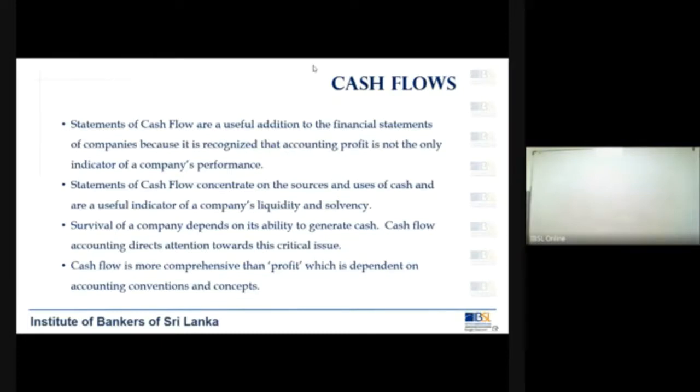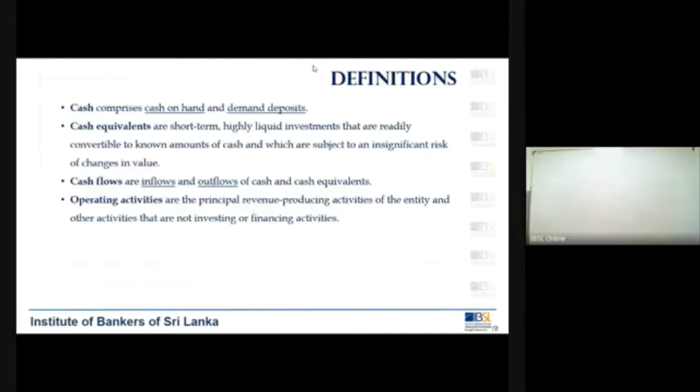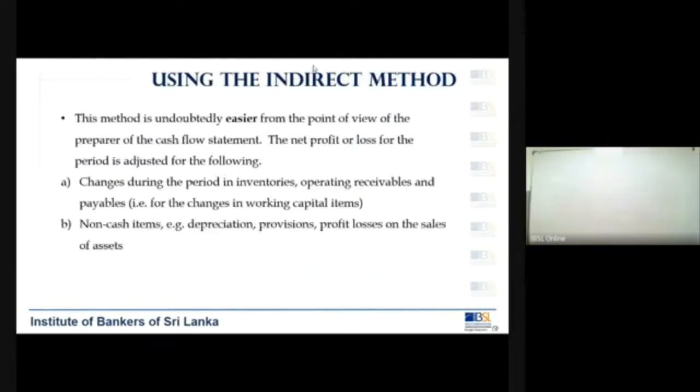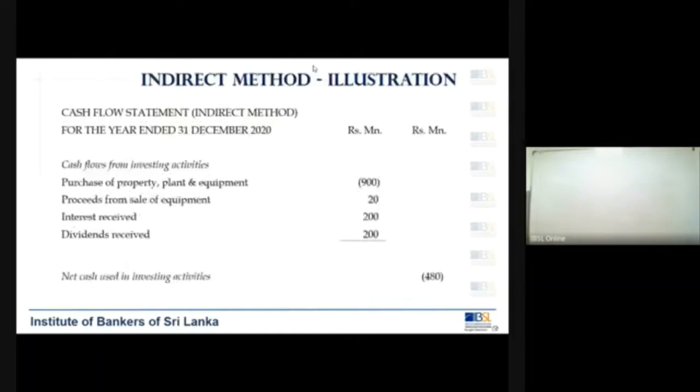Number 3, to provide required information to the stakeholders.